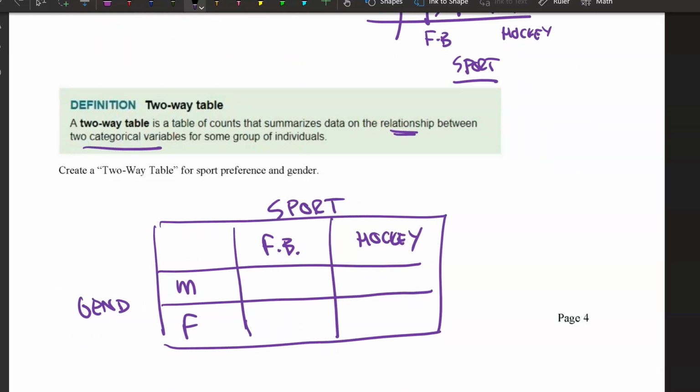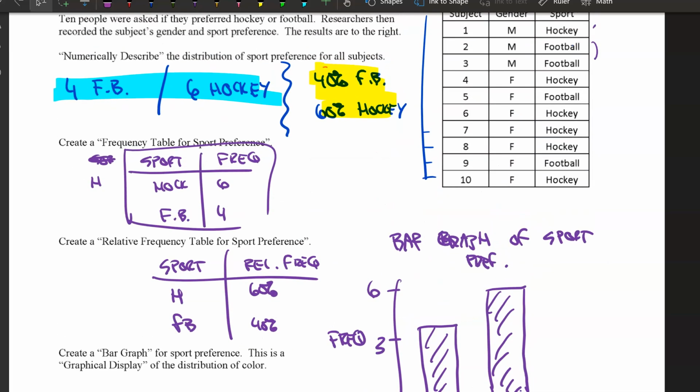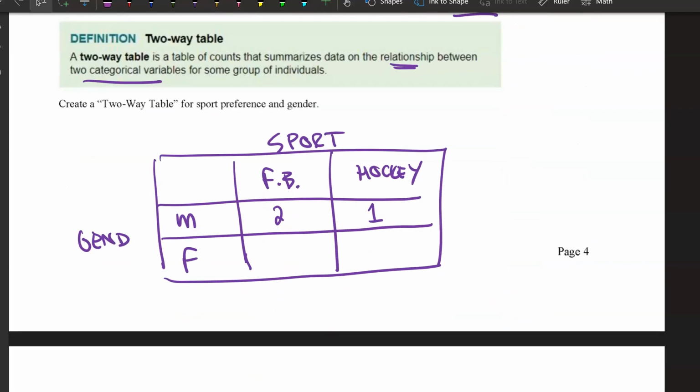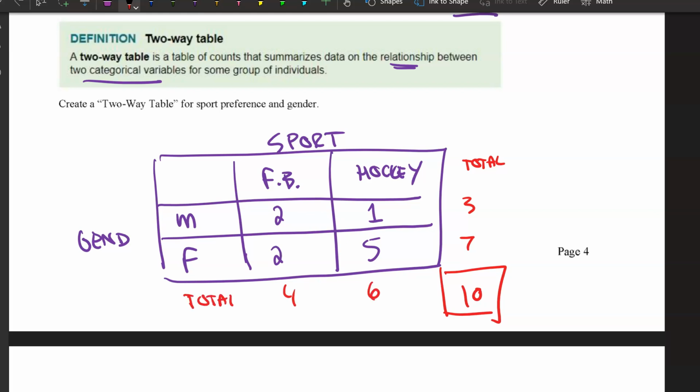So of the guys, 2 like football and 1 like hockey. Of the girls, 2 like football and the remaining liked hockey. So 2 like football and 5 liked hockey. We could also put in some margins here, some totals. This is 3, 7 for a grand total of 10, and 4, 6 for a grand total of 10.